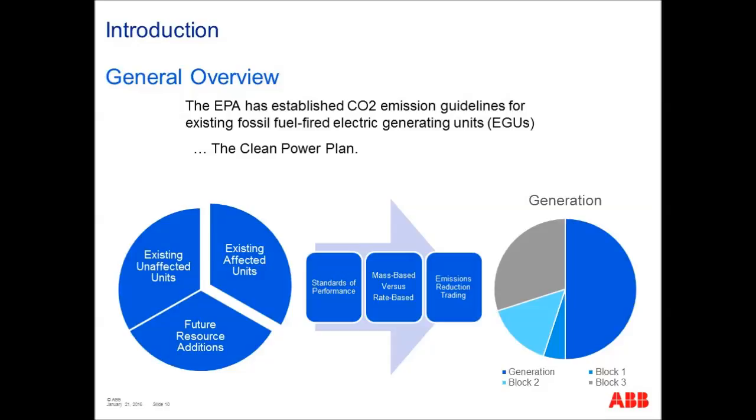And so we're going to take this block of affected units, and in this example, we're keeping half of those units operating, and then we're augmenting their operation with either block 1, which is heat rate improvements, block 2, which is shifting existing natural gas to augment existing coal, and then the big block, the gray block there, is block 3, where we're putting in renewables to offset our carbon-emitting generation.